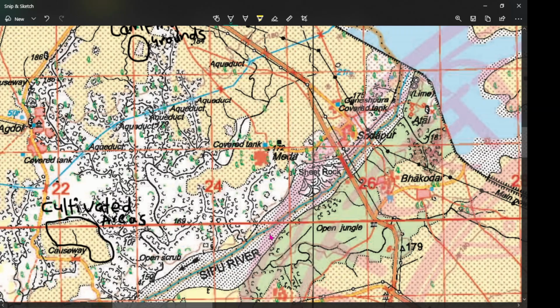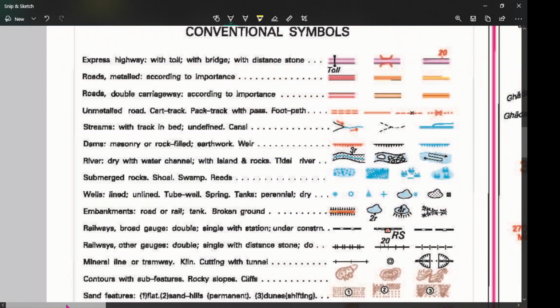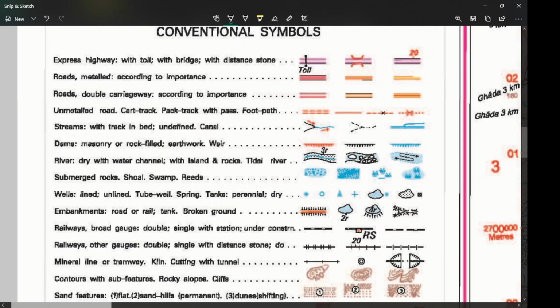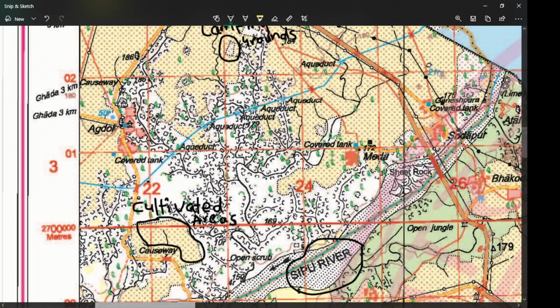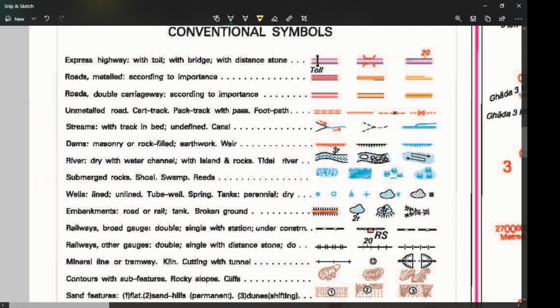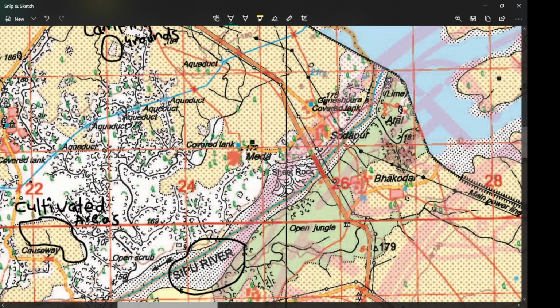So Sipu River, for example, this is where I see floodplains or dry river bed with water channel.